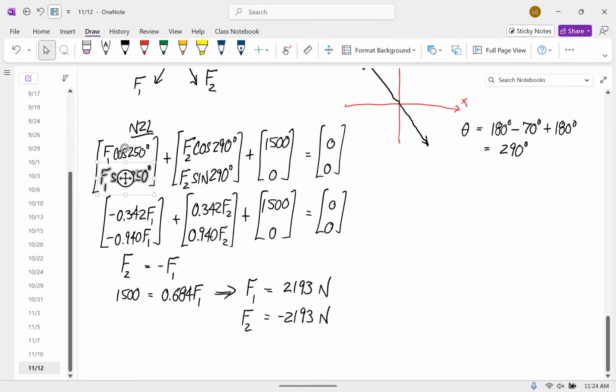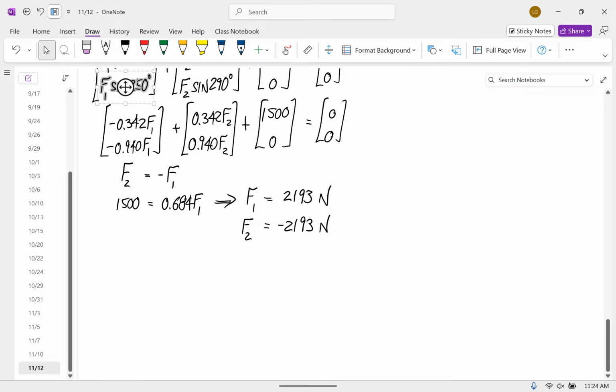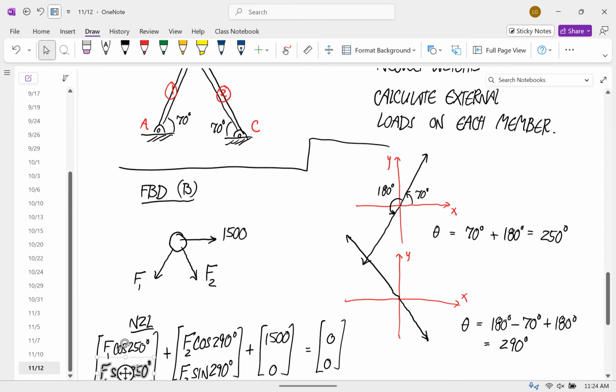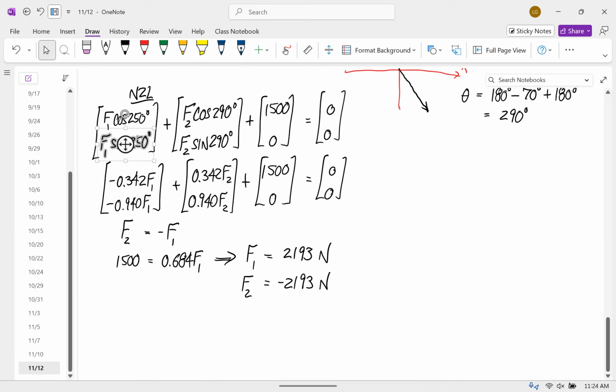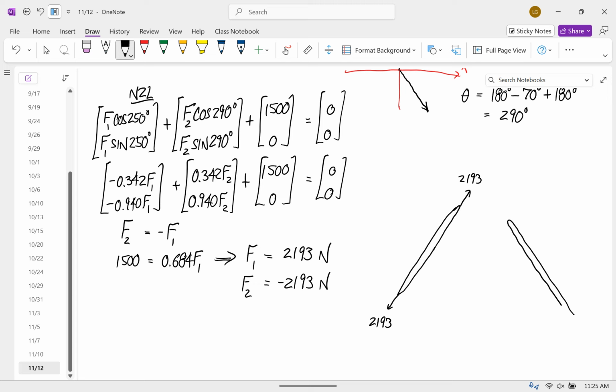Now that we have this, I said we wanted to calculate the external loads on the bodies. F1 is in tension of 2193, and member 2 is in compression of 2193.